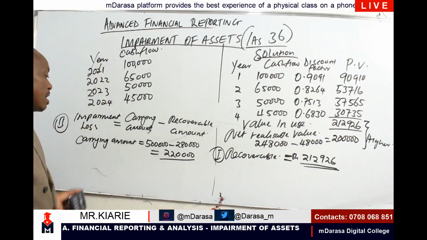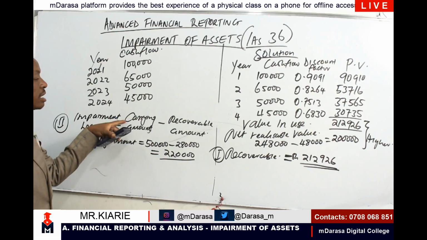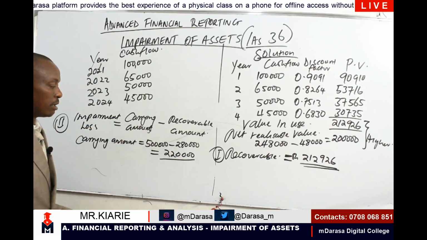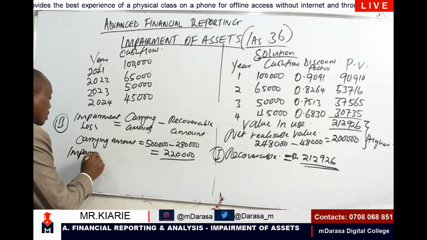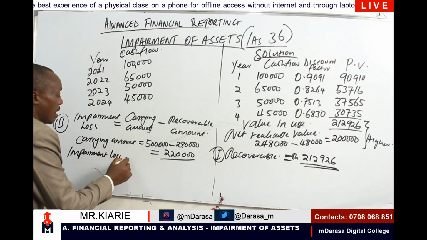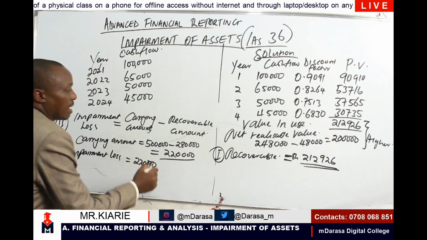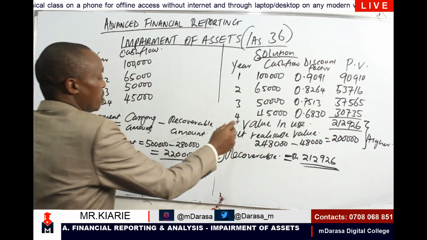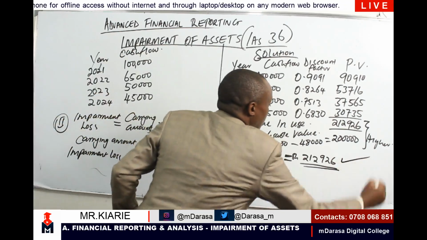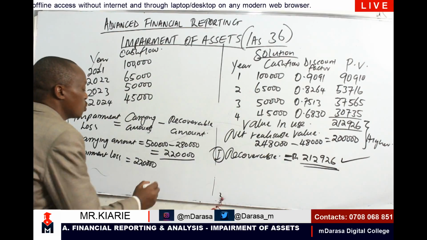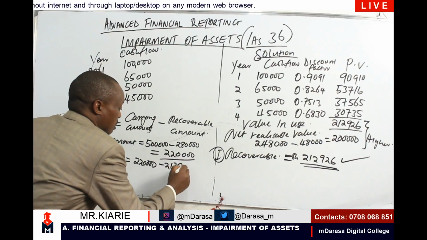Now, that's the carrying amount. But remember, the formula says impairment loss is carrying amount minus recoverable amount. Therefore, our impairment loss will be the carrying amount of 220,000 minus the higher of the value in use and the net realizable value, which represents our recoverable amount of 212,926.